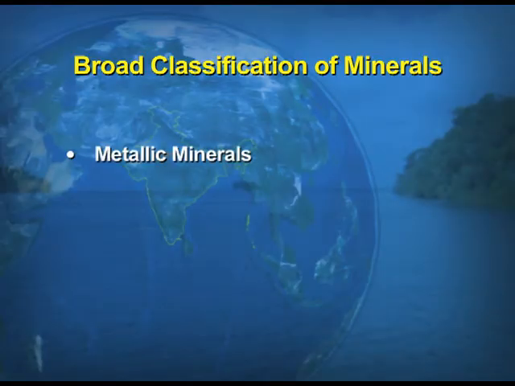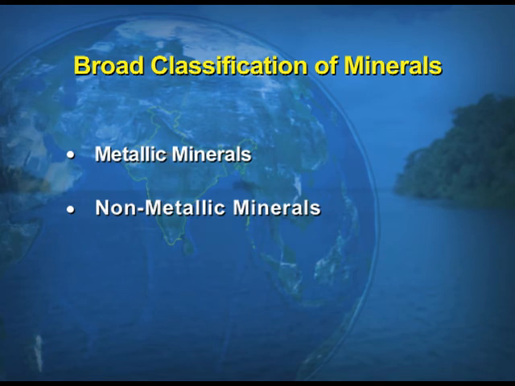Now, there is a broad classification of the minerals. Minerals are basically divided into two types. One, metallic minerals, another is non-metallic minerals. As the name suggests, metallic minerals are the minerals with metal content, maybe gold, silver, iron, copper, and non-metallic do not have metallic content.